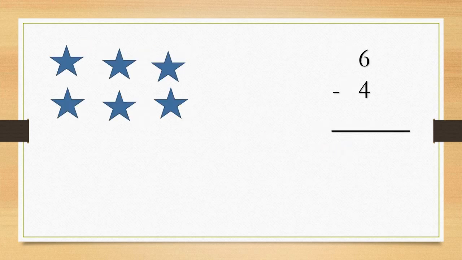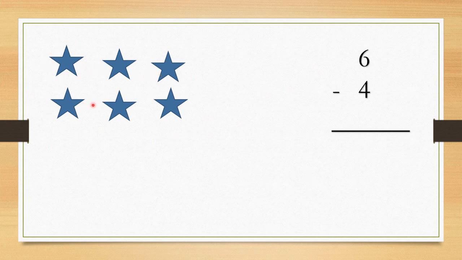Now next example. 6 subtract 4. Okay. Now I find out the answer with the help of stars. First 6 is there. Then here are 6 stars. 1, 2, 3, 4, 5, 6.